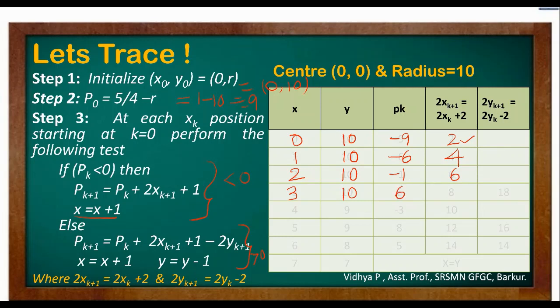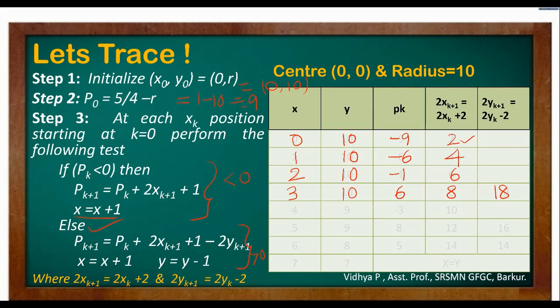Now pk is positive. It is greater than 0. So we may require both the values. So we come to the else part. Here pk plus 1 is equal to pk plus 2xk plus 1 plus 1 minus 2yk plus 1. We calculate both the values. It is 2 into 3, 6, 6 plus 2, 8. And 2yk plus 1 is equal to 2yk minus 2, that is 2 into 10, 20, 20 minus 2, 18.